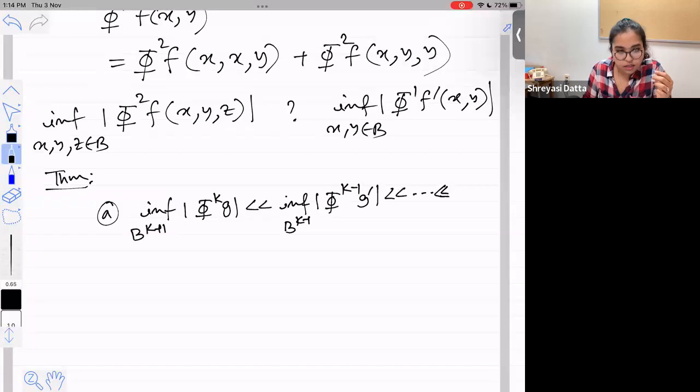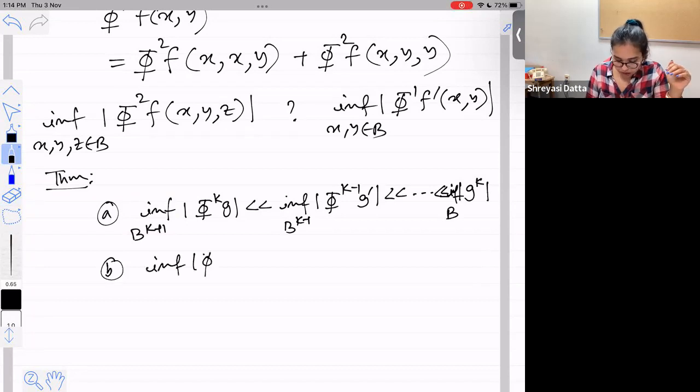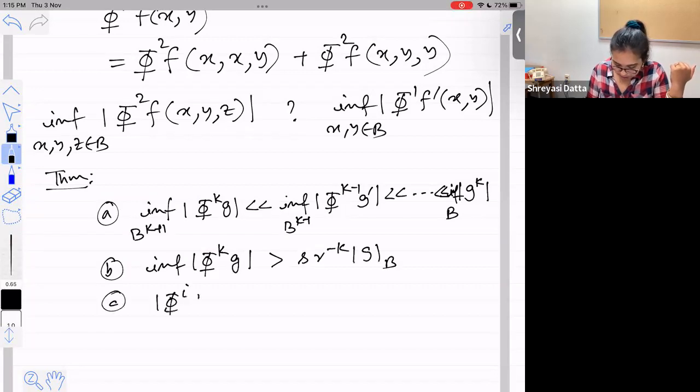There are constants here, which I'm not mentioning. The last one should be just g k. So this is the extra condition, and then the previous two conditions are analogous to the real case, but not for g k, but for phi k.